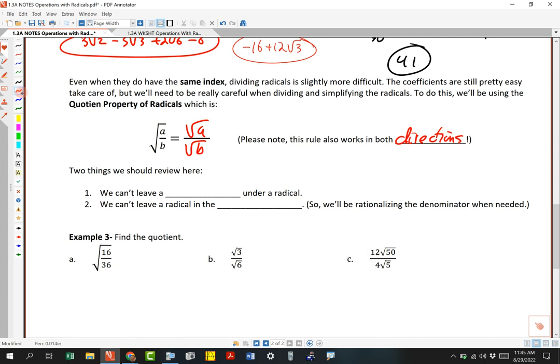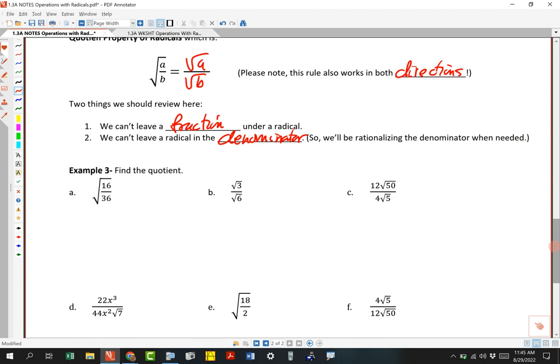So a couple of these rules are this. We can't leave a fraction underneath the radical, and we can't leave a radical in the denominator. So we're going to end up rationalizing a bunch of these. But if we get lucky, absolute piece of cake. 4 on the top, 9 on the bottom, done.